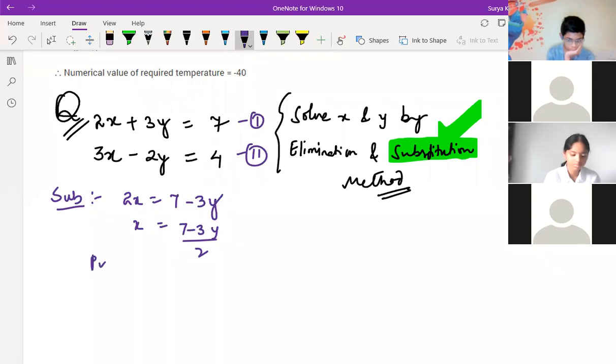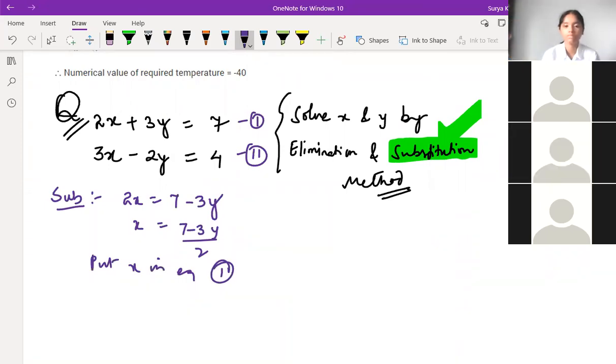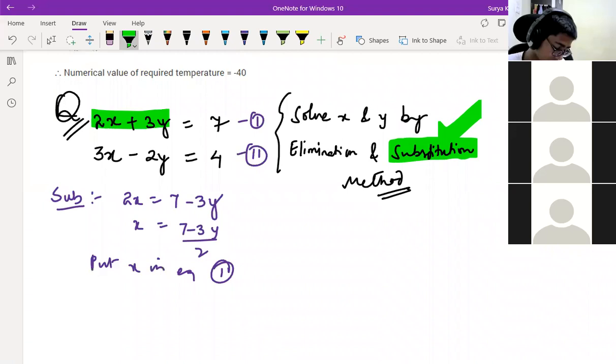Okay, put x in the second equation. What do you get? "Sir, but where did the minus 2y go?" I'm just solving the first equation. From the first part, I'm solving for x, and the same thing I'm putting in the second equation.